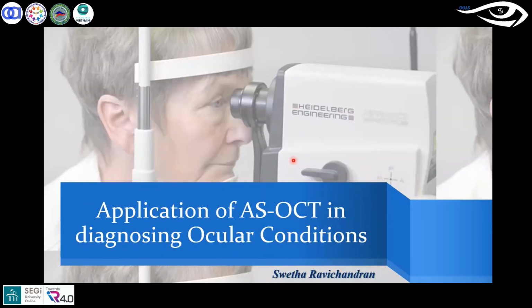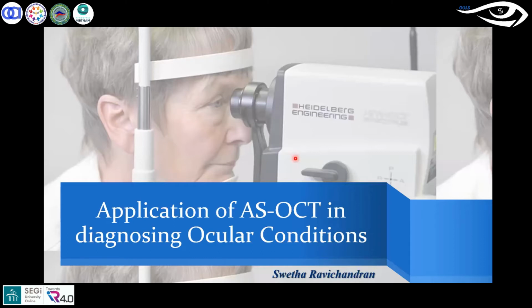So we are basically going to talk about the application of AS-OCT in diagnosing various ocular conditions. Anterior segment OCT is used for a variety of purposes, and discussing that is a very long topic.